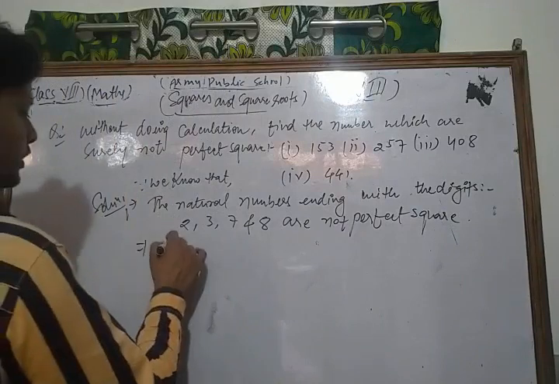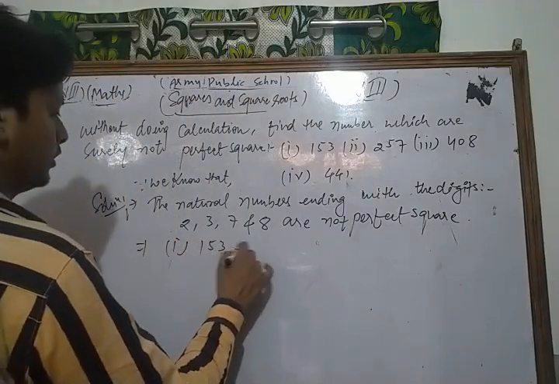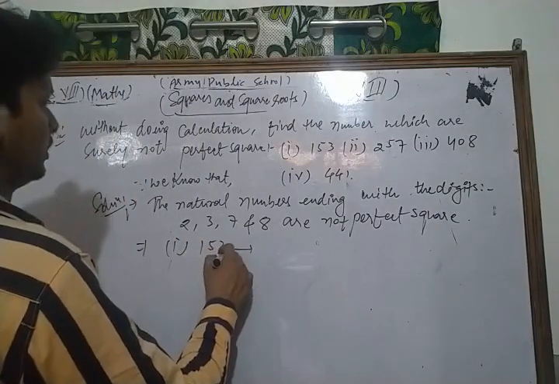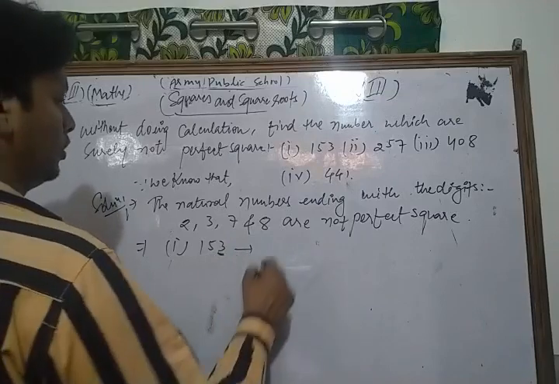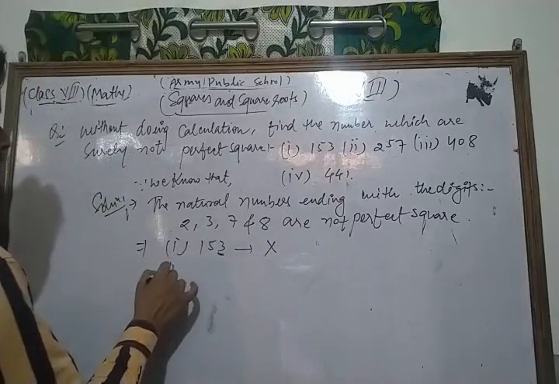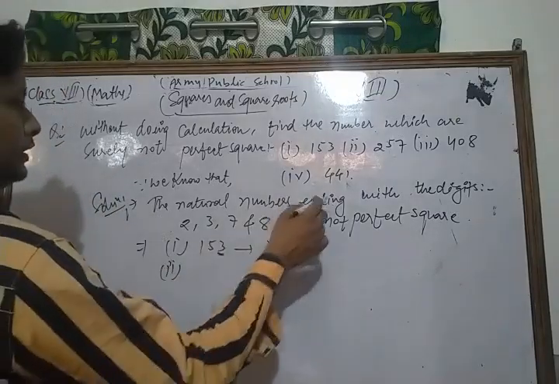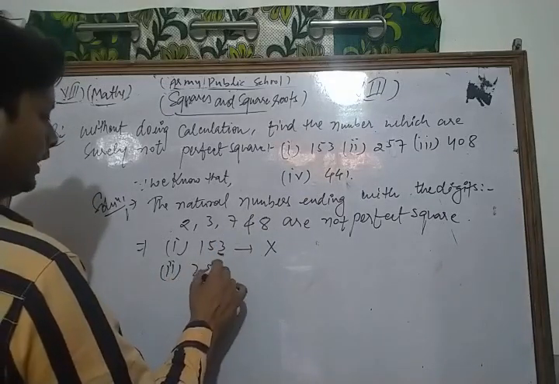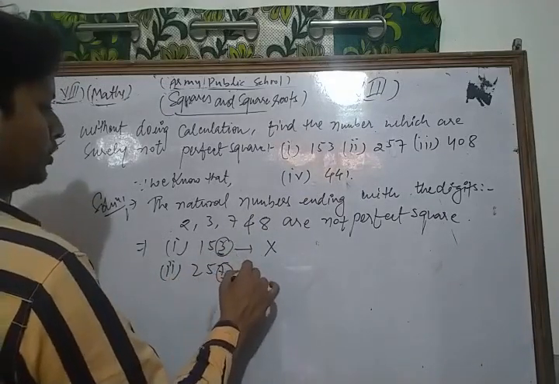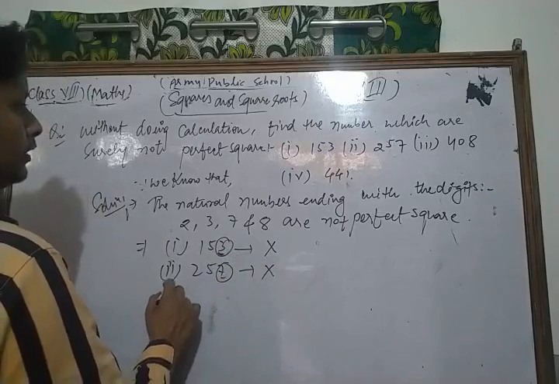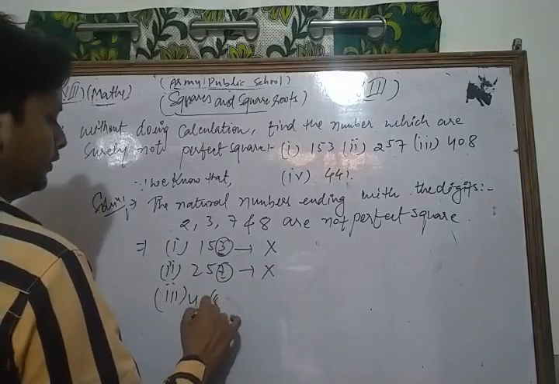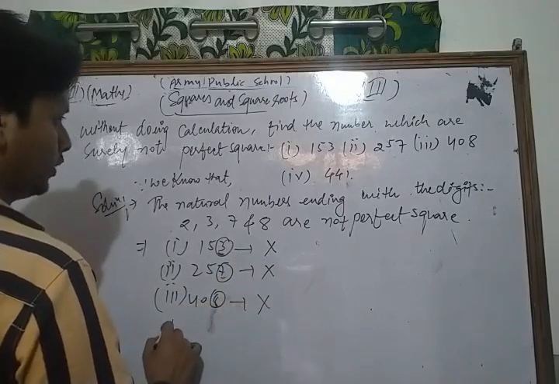So first one, ending with 3, is not a perfect square. Similarly, second one 257 ending with 7 is also not a perfect square. Third one is 408 ending with 8, so it is also not a perfect square.